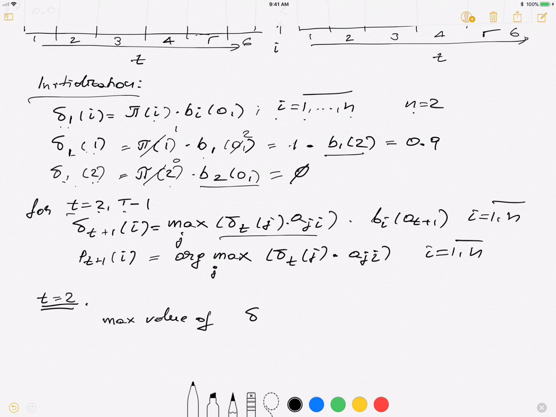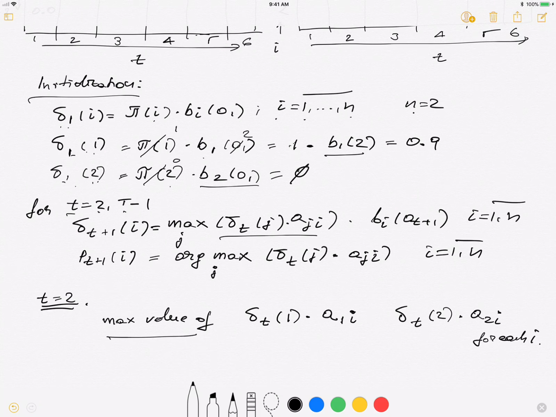Delta t1 times a1i and delta t2 times a2i for each i.